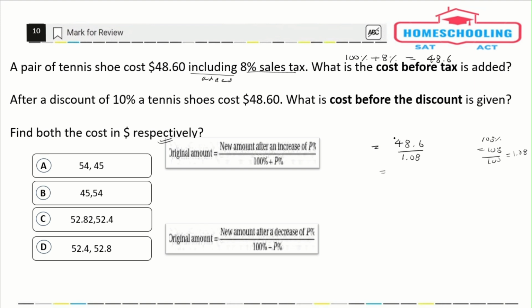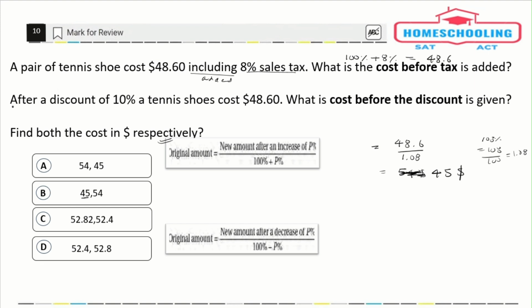This one would be 54 dollars, I guess. Sorry, this one would be 45, not 54. $45. So we can see that we have an option here, $45.